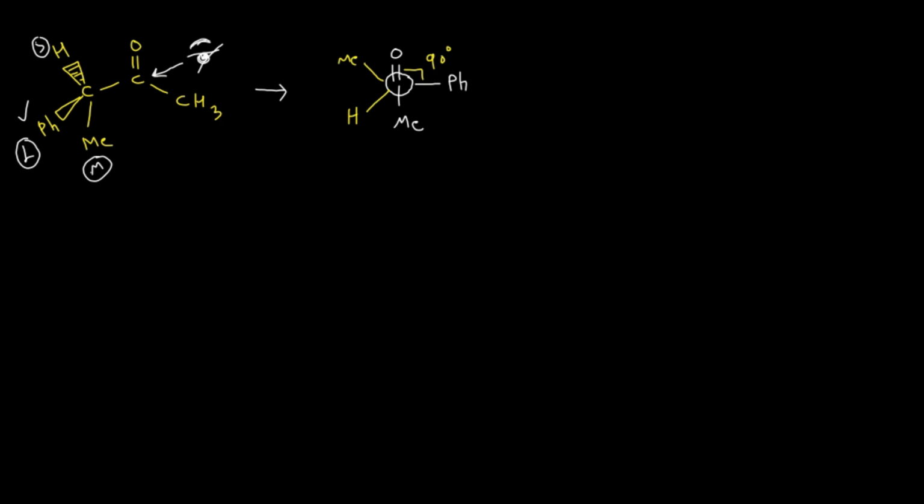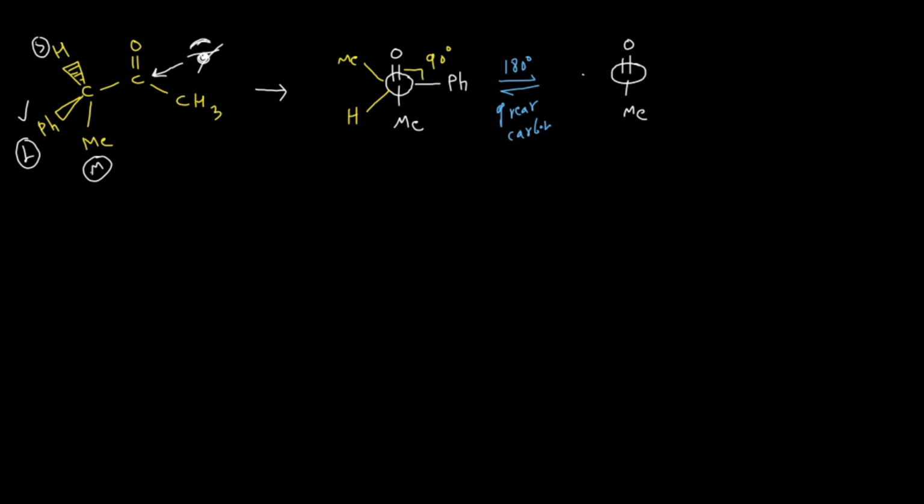And what we can do now, again, is fix the position of the front carbon and move the rear carbon by 180 degrees. So this will come here, this will come down, and this will go up, the backside carbon. Okay. Since I am rotating the backside carbon, it clearly indicates that the position of the front carbon is fixed, and this is my Me, and this is my rear carbon.